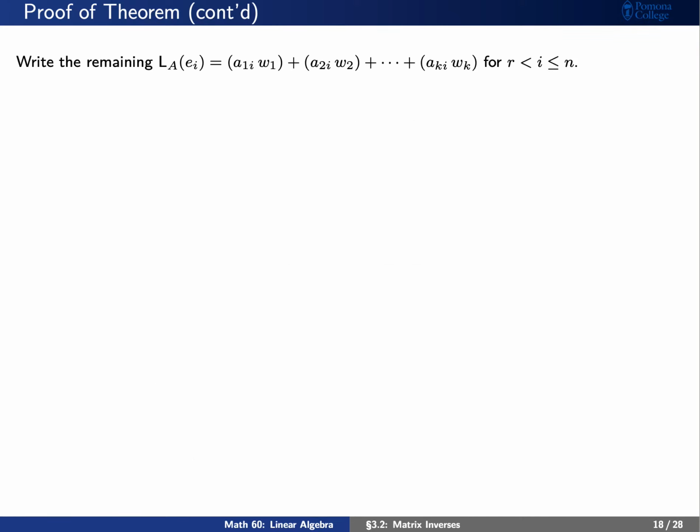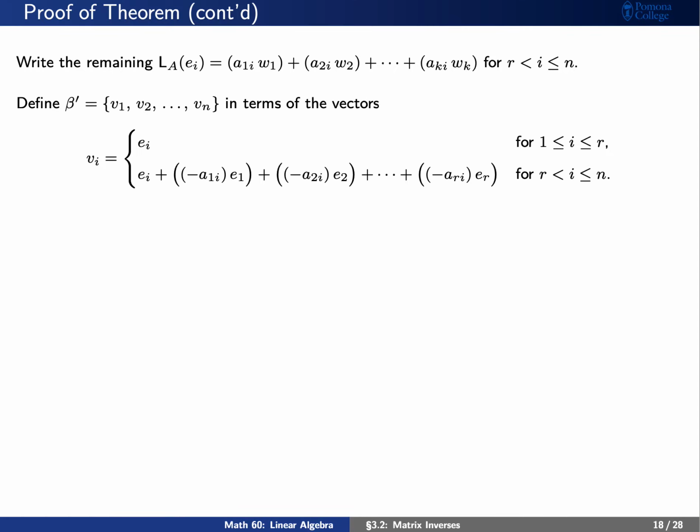Now we saw before that the first R columns of our matrix A form a linearly independent set. They actually form a basis. So let's express the remaining N minus R columns of A as linear combinations of the first R columns. We'll denote beta prime in the following way. First, we'll choose the first R basis vectors because remember that the image of those corresponds to the basis vectors for our range.